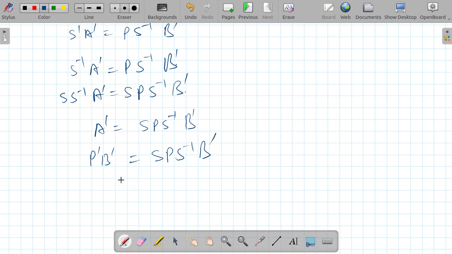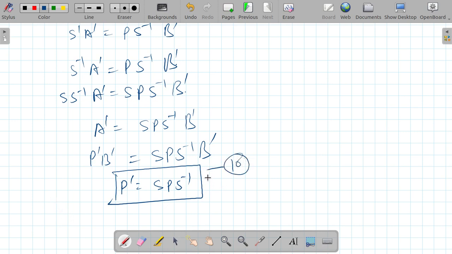So it is P prime is equal to S P S inverse, and let me call it equation number 10.